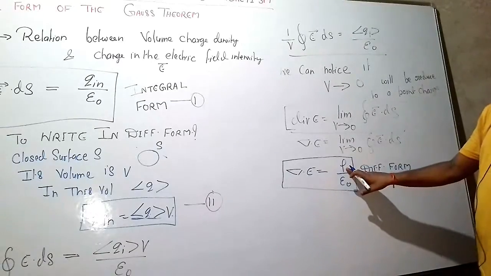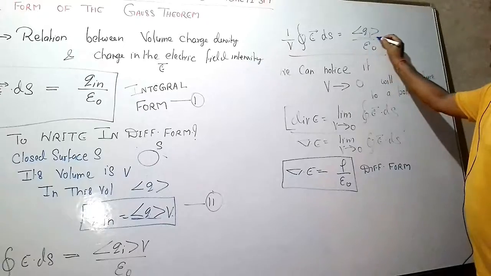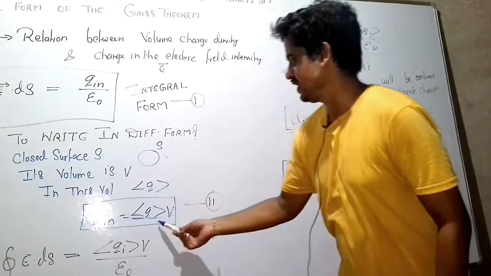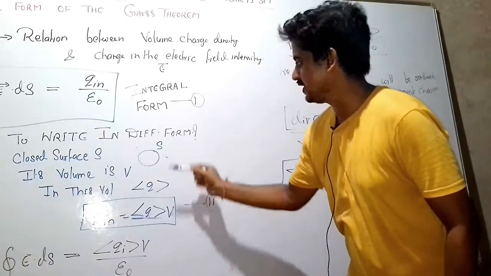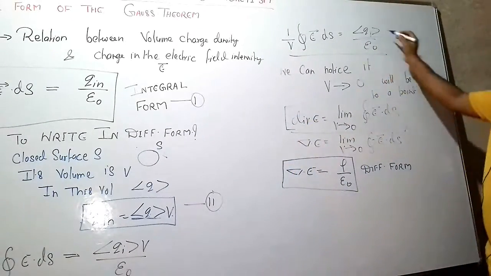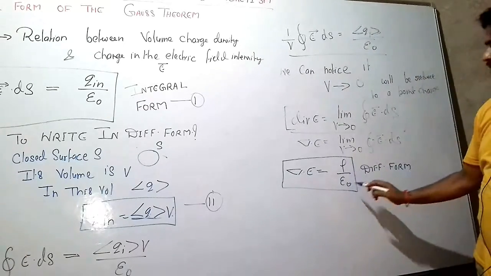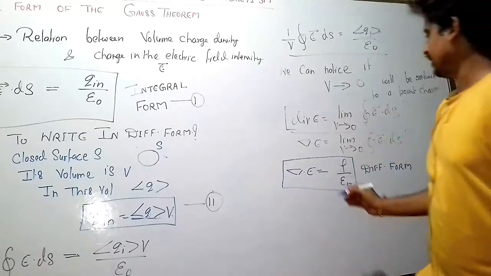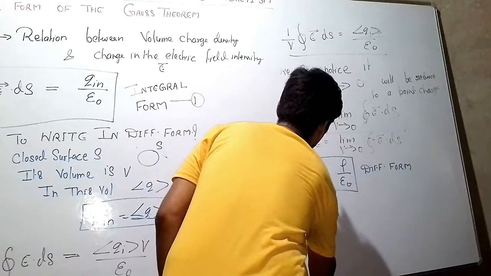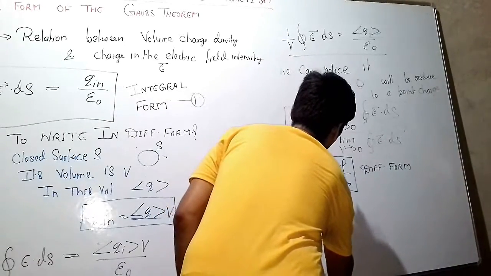This rho is the charge density, and Q in is the charge density multiplied by this volume element V, so it is an average. And remember, this is a scalar quantity.